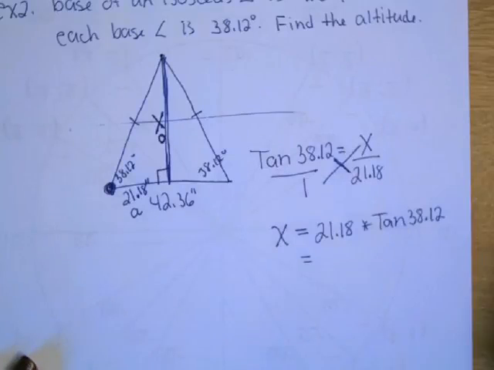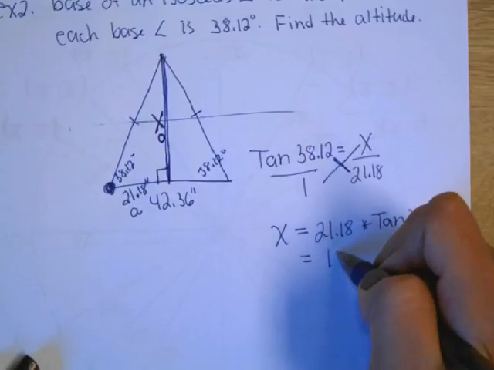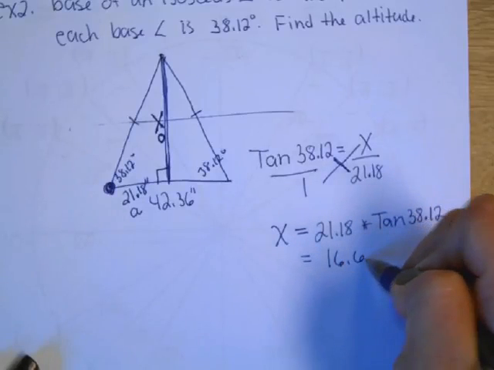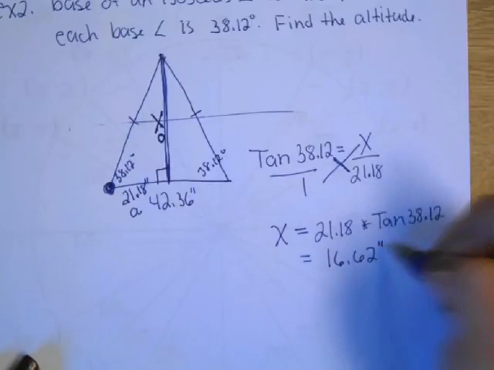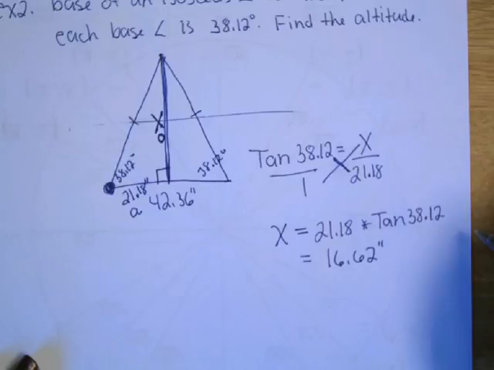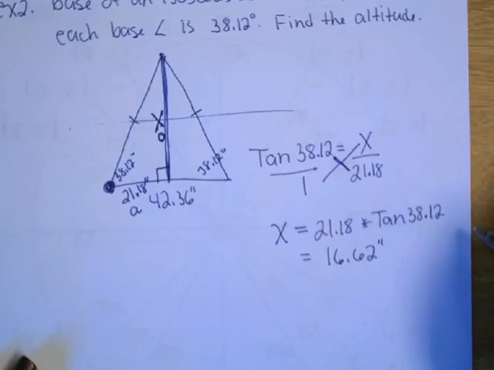We're looking at 4 sig figs. 16.62. So it was actually a very short triangle, if Matt's right. Yeah, he is.